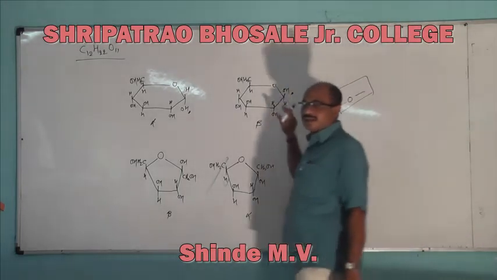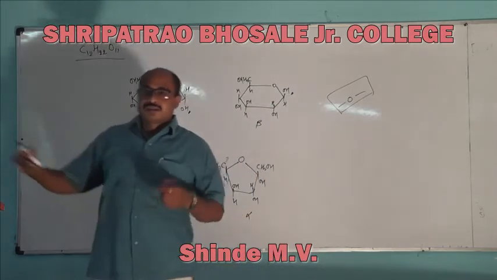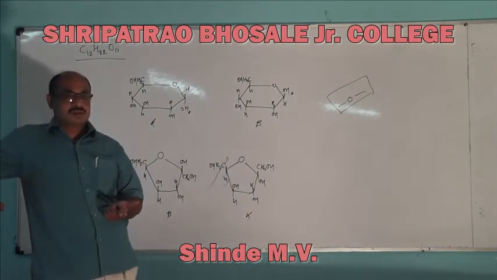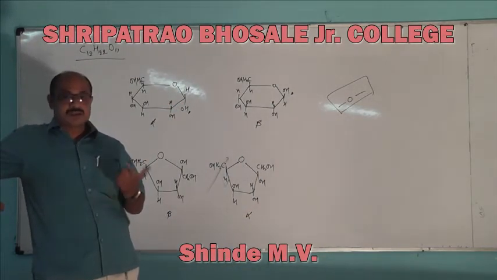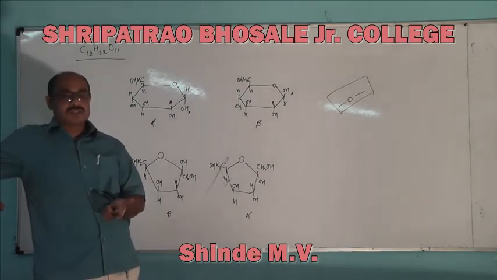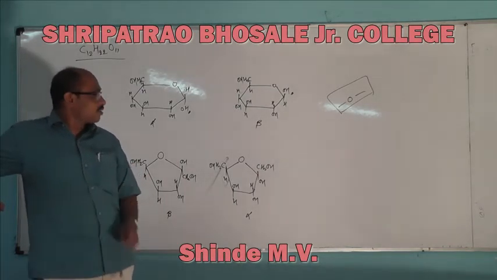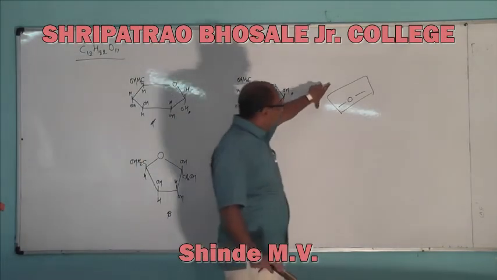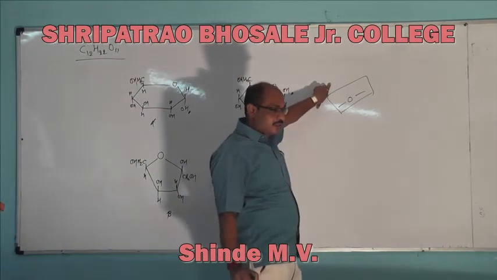This glycosidic linkage is present between the C1. When we observe sucrose, maltose and lactose, the glycosidic linkage is present at the anomeric carbon.